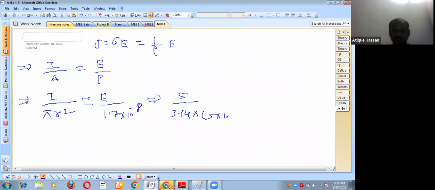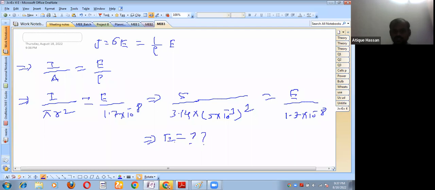So 5 into 10 to the minus 3 square, and that will be E upon 1.7 into 10 to the minus 8. So from here you can find the electric field, right? If you find the electric field, you will put it in the formula mu is equal to Vd upon E, you already know Vd. Getting my point? Yes.